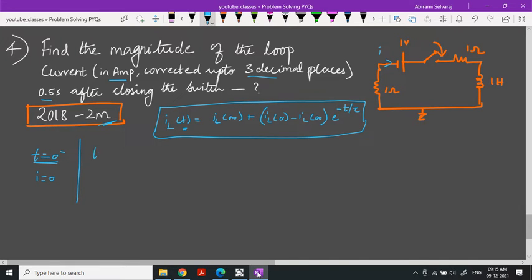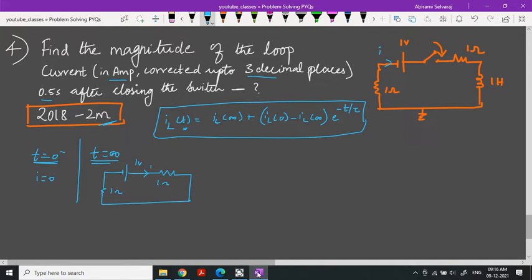Very good. Let's find the steady state, t equal to infinity, the final state. At t equal to infinity, the circuit has been closed for a very long time, so the inductor will act as a short, a perfect conductor. So this is the circuit we will have, with the 2 ohm resistors and 1 volt.